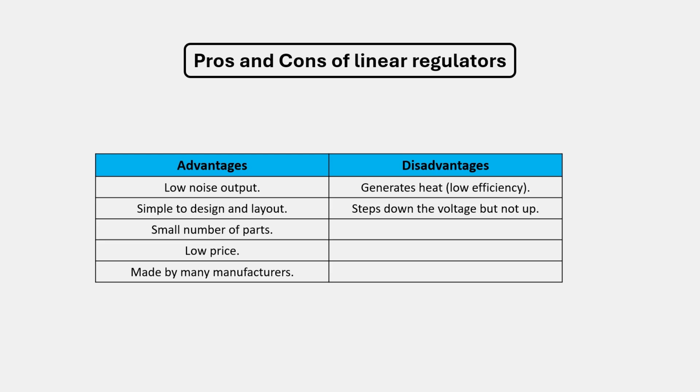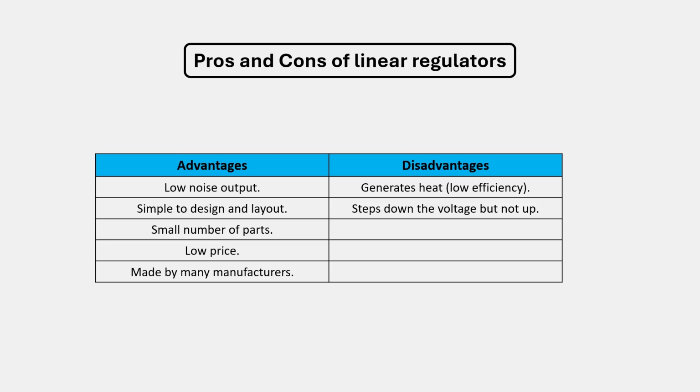And the heat generation, as we explained during this video, is very, very important. And in high power applications, that's going to be a very bad decision to use a linear regulator, which is going to need a heat sink and maybe air fan cooling, which I don't recommend you do.